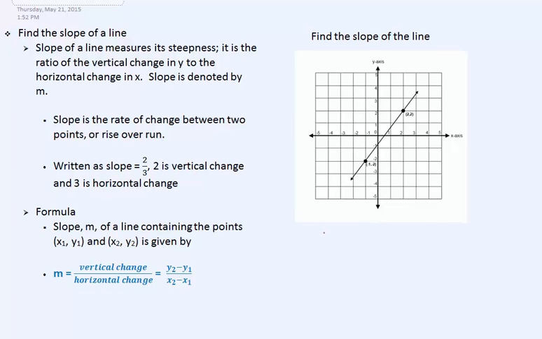We have an example on the right where it asks us to find the slope of the line. We can find the slope in either two ways, by measuring the vertical change over the horizontal change, or by using our slope formula. So first, let's apply our slope formula to see if we can calculate the slope.